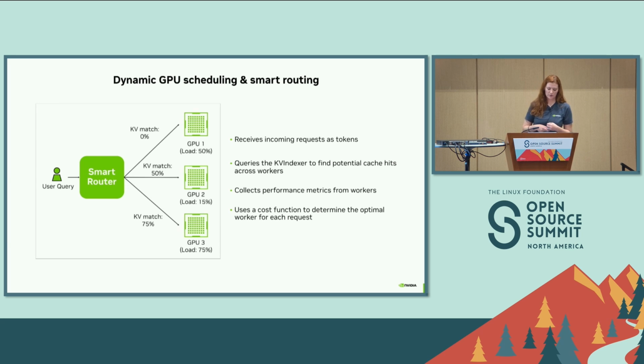You can provide your custom cost function for smart routing, and you can incorporate the load into the calculation. And instead of, for example, sending your next request to GPU 3 with a KV match of 75%, you can reroute it to GPU 2, which has lower load, but the KV cache match is still at 50%. That means we need to recalculate a smaller amount of KV cache.